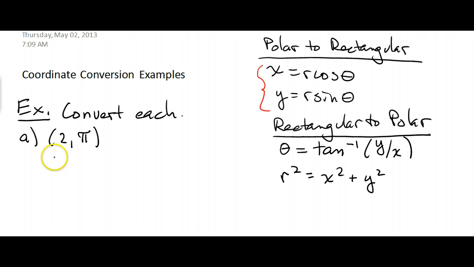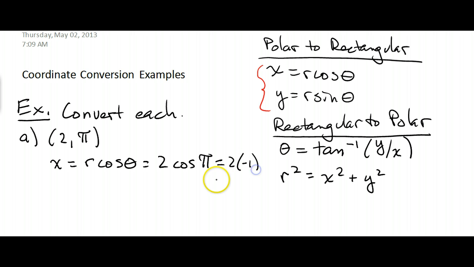So we know that x is going to be r cosine theta, which is 2 cosine pi, which is 2 times the cosine at pi. Cosine is the x coordinate, and at pi it is -1. So that's going to be -2.